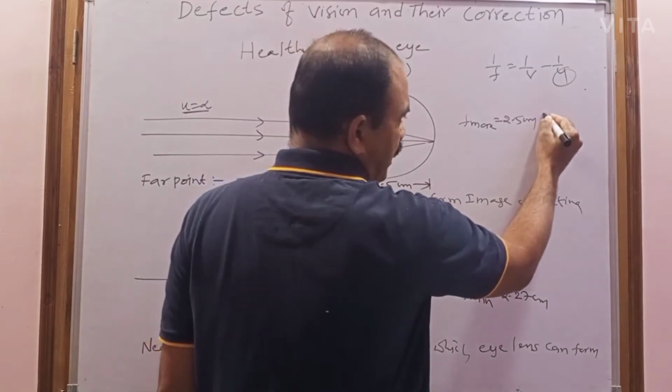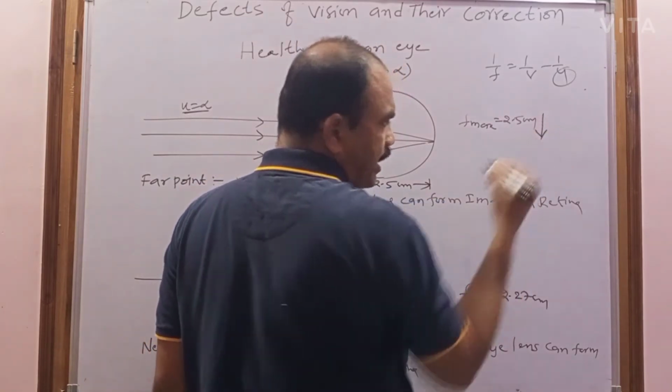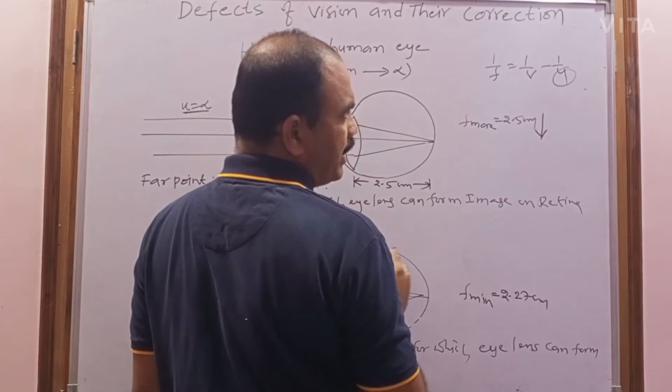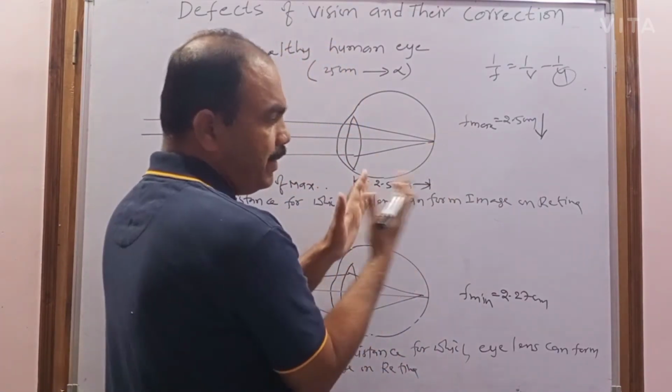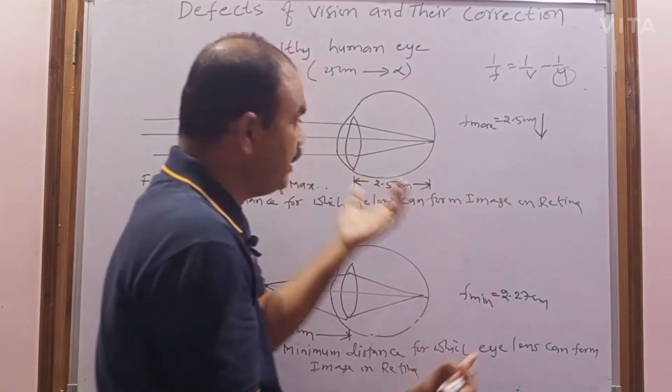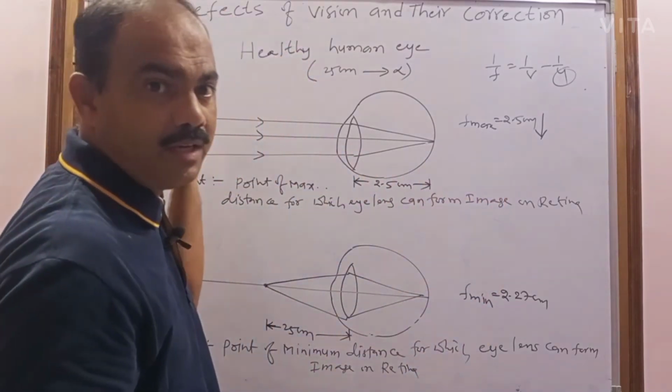So in that case, sometimes the maximum focal length will be decreased. When the maximum focal length decreases, the image distance also decreases, because the object distance is at infinity and is not changing.